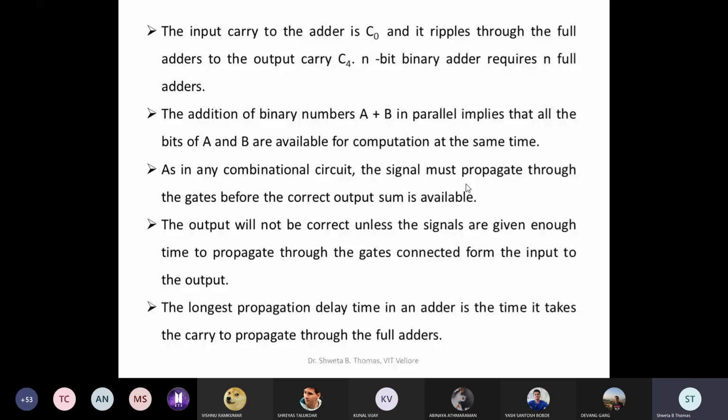So if you want to add some specific value, suppose you are generating the values of A and B with the help of particular logic gates, that gate should give you output at a specific time. Understood?